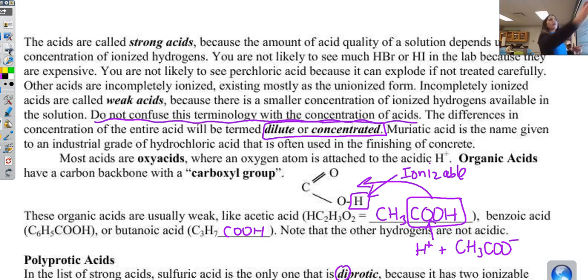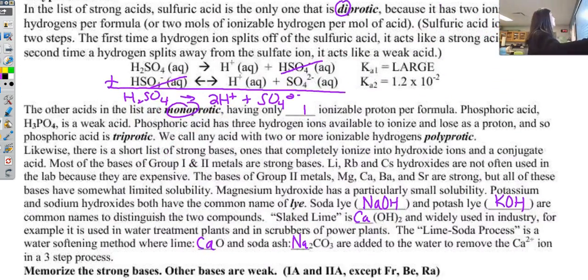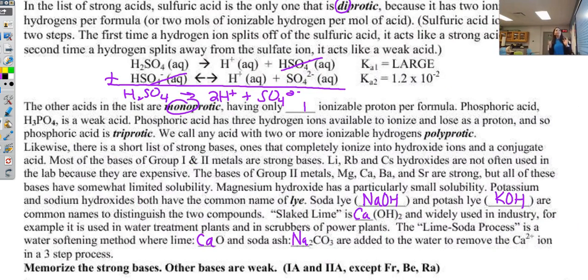And then the last thing that we had talked about were polyprotics. Poly just means what? Many. And protic is referring to the number of protons. So polyprotic just means it has more than one proton, like H2SO4, H3PO4, H2CrO4, chromic acid, okay?